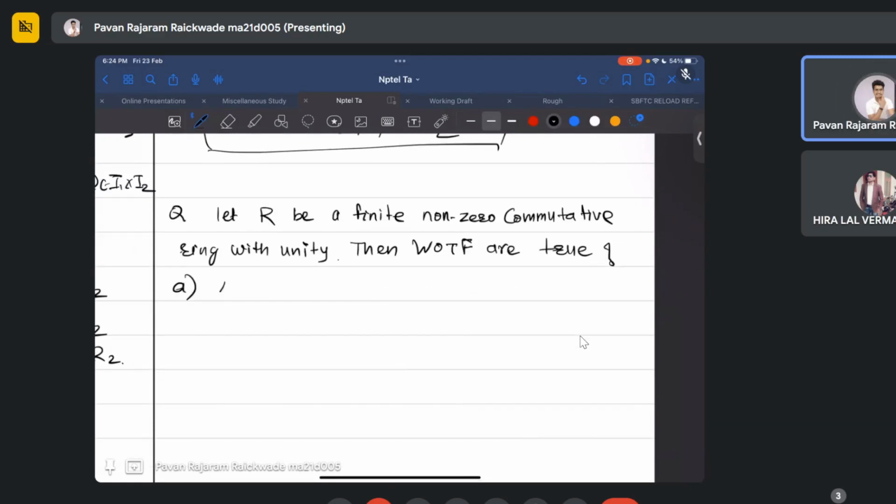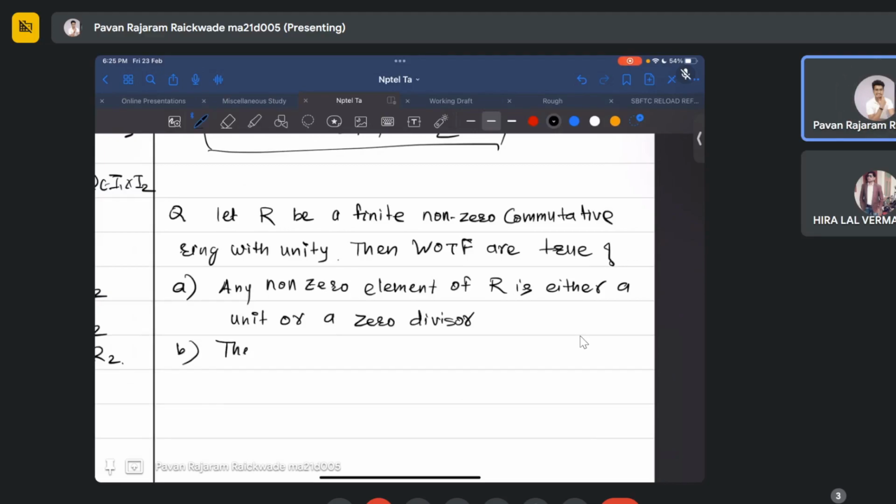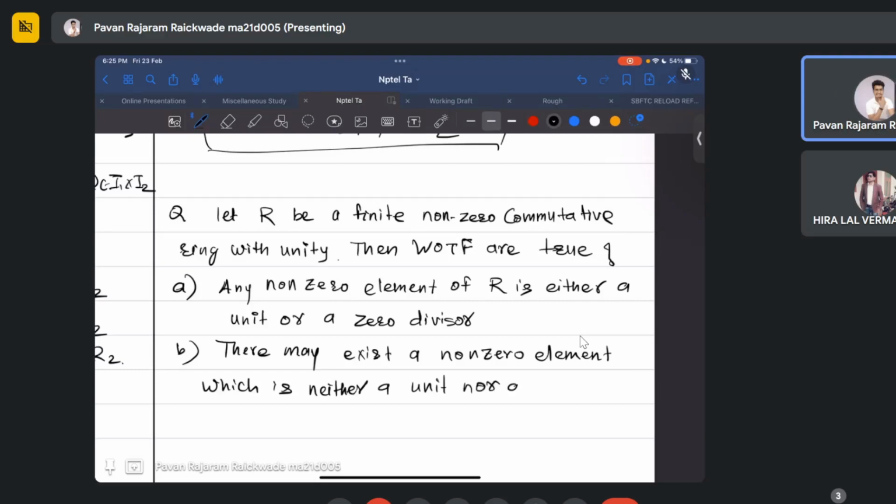A says any non-zero element of R is either a unit or a zero divisor, and B, there may exist a non-zero element which is neither a unit nor a zero divisor.